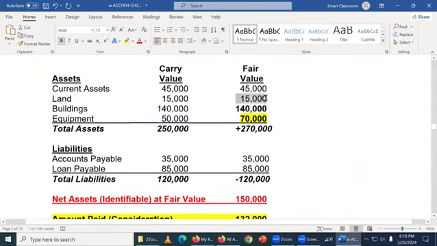When you buy something, it's what the fair value is, not necessarily what they paid for it. So even though they only paid 50,000 for the equipment, if it's worth 70,000 when they sell it to us, it's going to be 70,000. You especially see this with buildings and land.